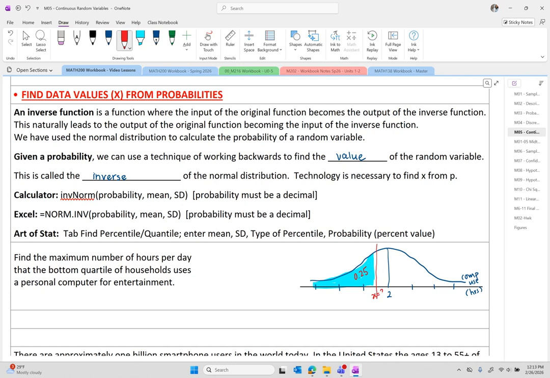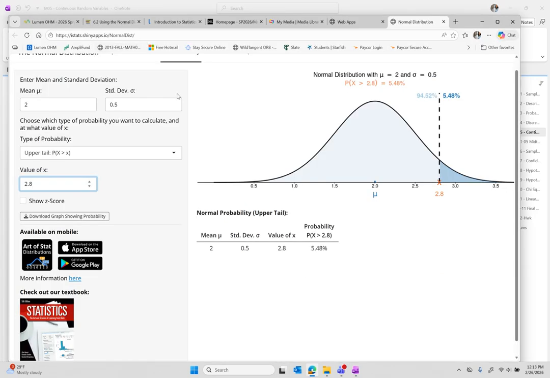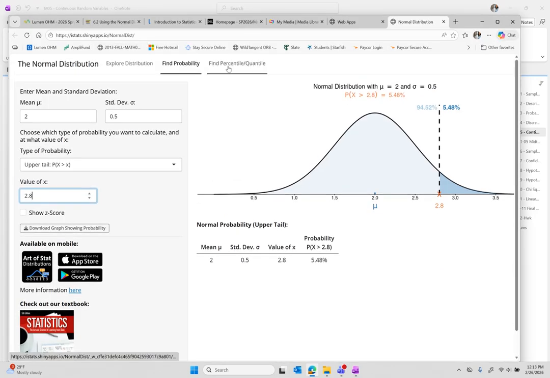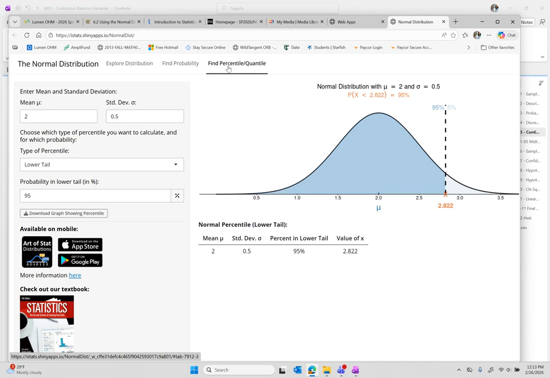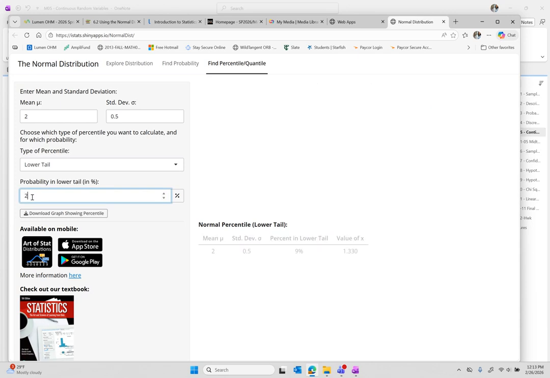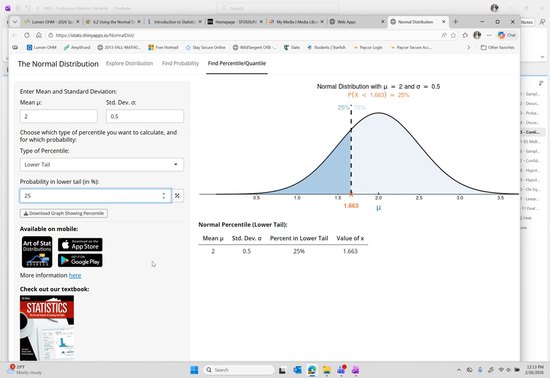That's the question. And remember to number your axes, but here I'm going to go in Art of Stat, and instead of being in the tab Find Probability, I will be in the Find Percentile Quantile. I do need a type of percentile to be the lower tail, and I want the probability in the lower tail to be 25%. That will give me the bottom quartile.